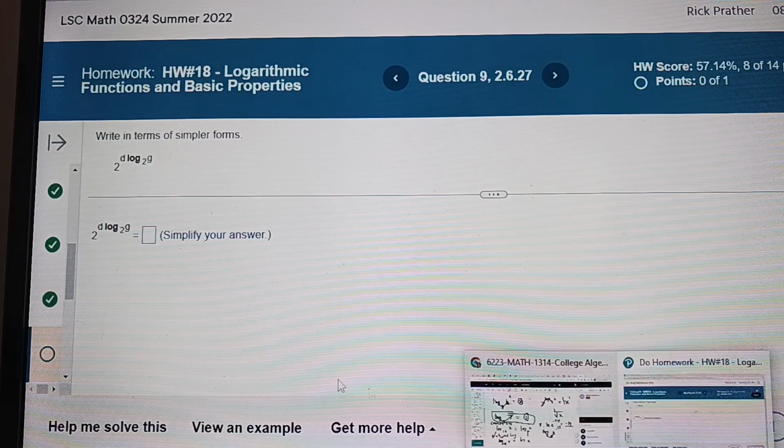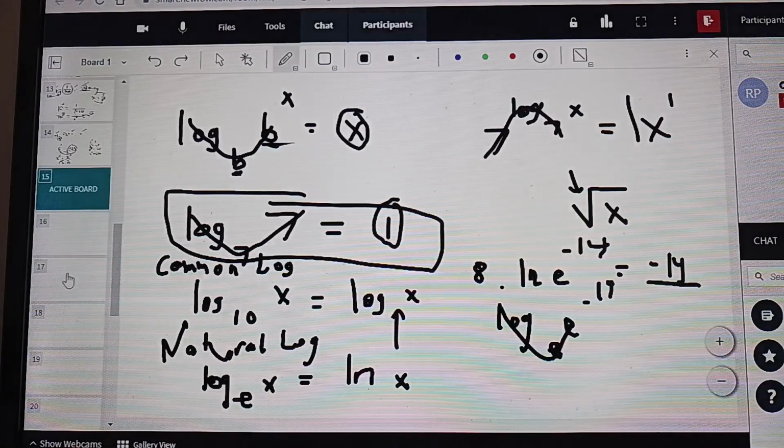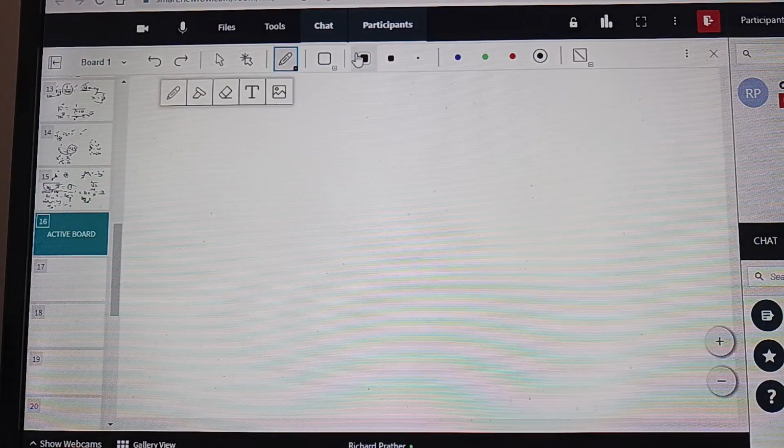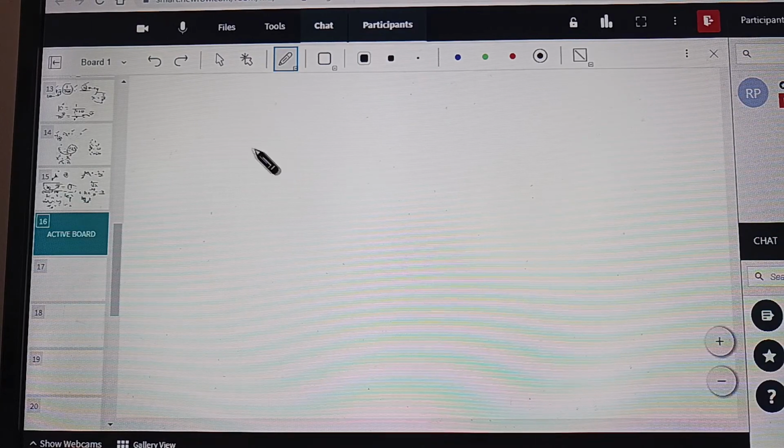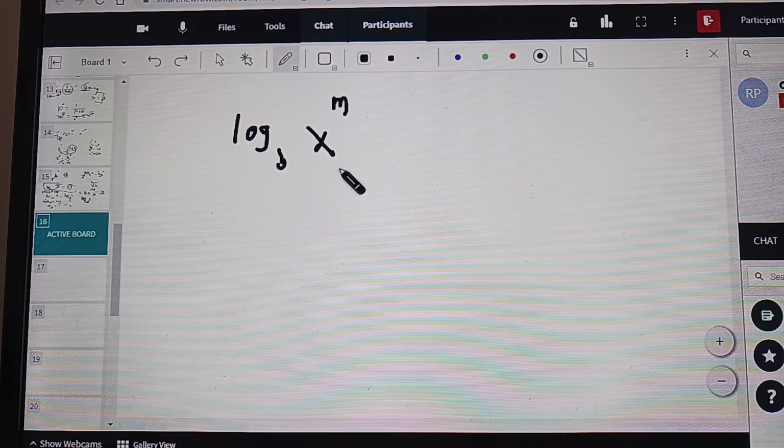So there's a third property of logs that says if you have log any base of x to the m power, you can bring the m down in front and multiply it by the log.